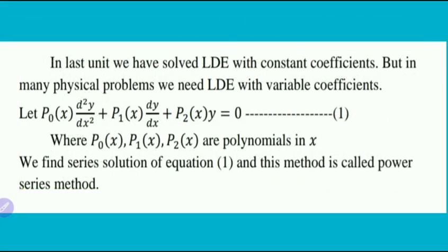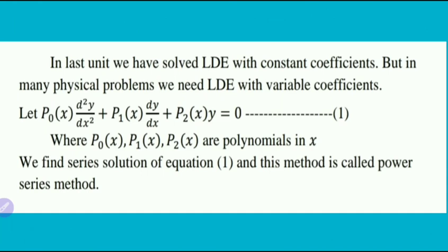In the last unit we solved LD with constant coefficient, but in many physical problems we need LD with variable coefficient. In most engineering problems also we come across LD with variable coefficient, and in this particular unit we are going to discuss only those LDs which are defined as: let P0(x) d2y/dx square plus P1(x) dy/dx plus P2(x) y equal to 0, where P0(x), P1(x) and P2(x) are polynomials in x.